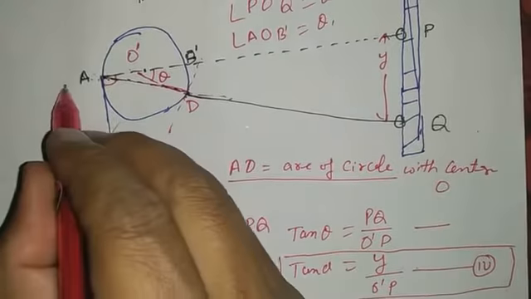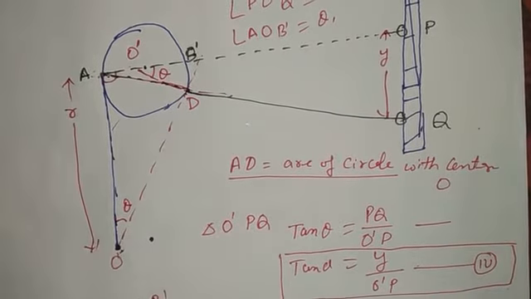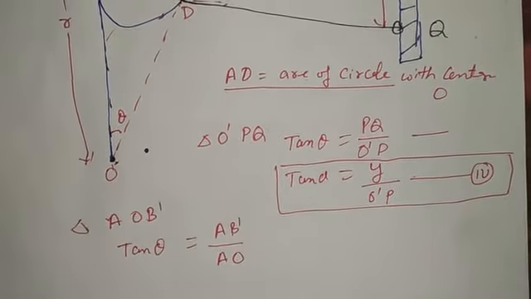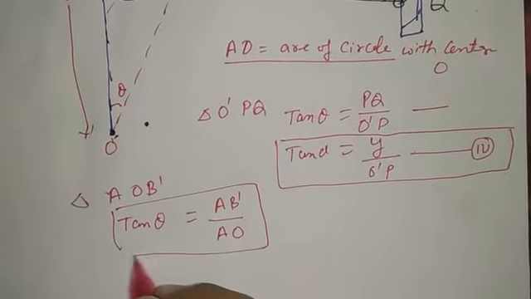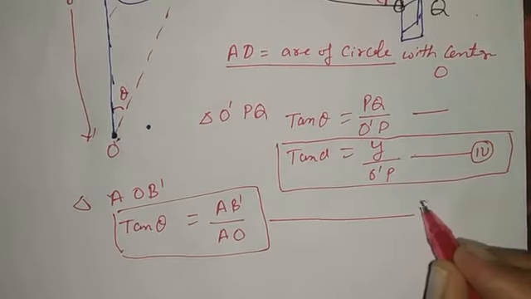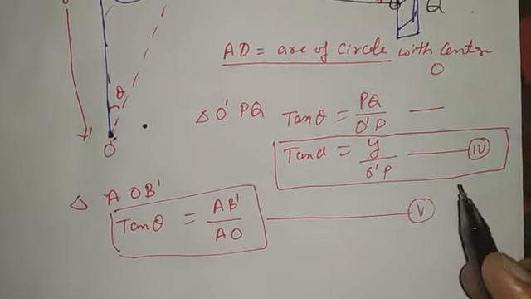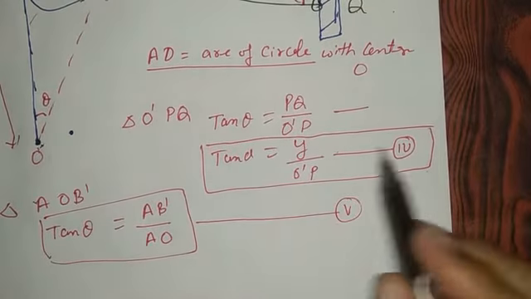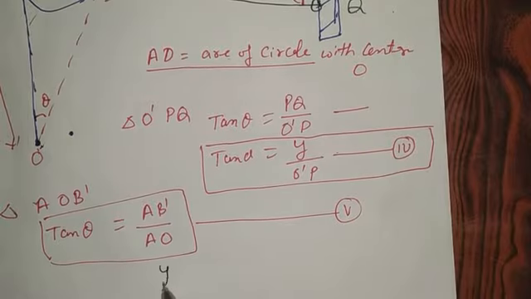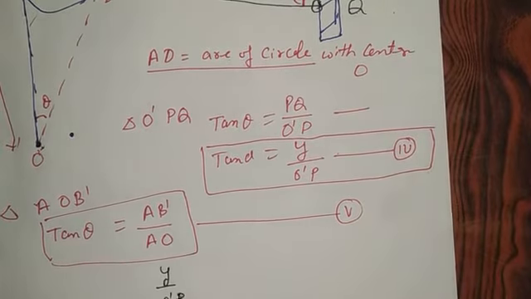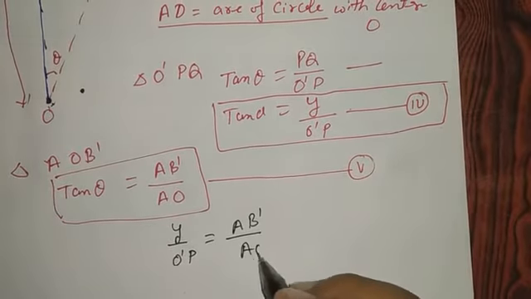AB dash is here the radius. Right? And let this equation be represented by 5. Now compare 4 and 5: tan theta, it means Y by O dash P is equal to AB dash by AO.